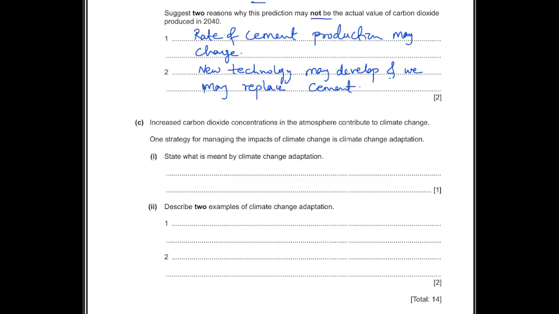Increased CO2 concentration in atmosphere contributes to climate change. One strategy for managing the impact of climate change is climate change adaptation. And what is the meaning of this adaptation?